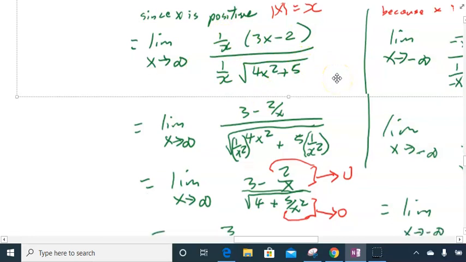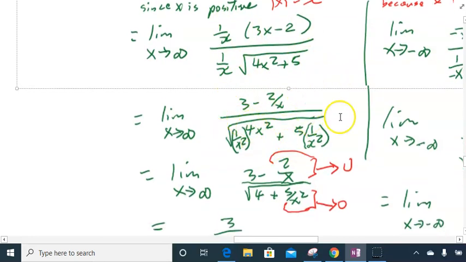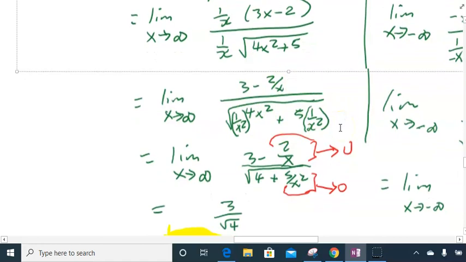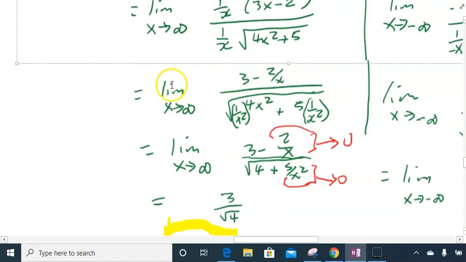And then we distribute this 1 over x all the way through. If we're multiplying through the radical sign, we bring it inside, and it becomes the square root of 1 over x squared, right? And then multiply that by 4x squared plus 5.